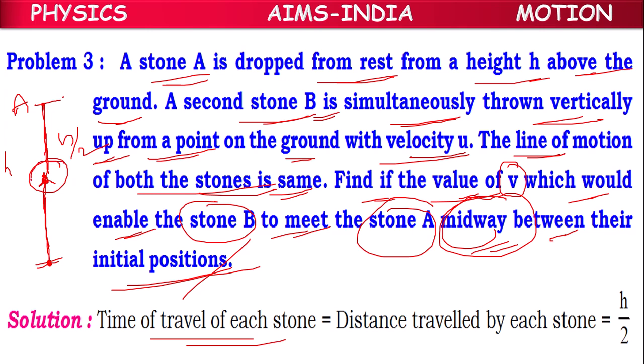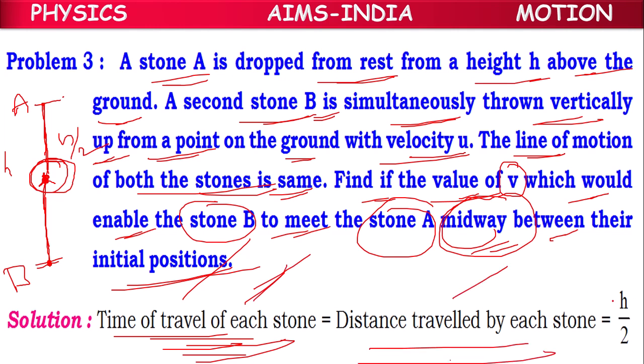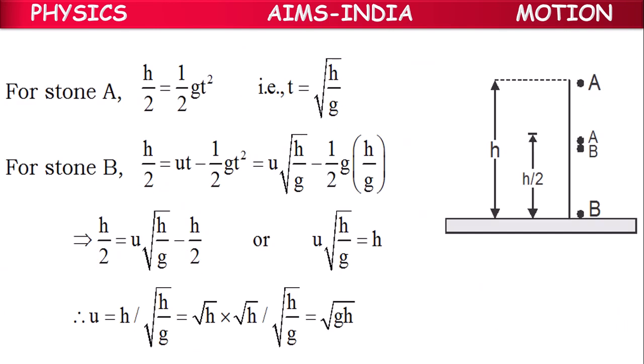We are considering their meeting at halfway, midway. So the time also, because we are observing both the bodies at the same time, time of travel of each stone is equal. Distance traveled by each stone is equal, which is equal to h by 2.